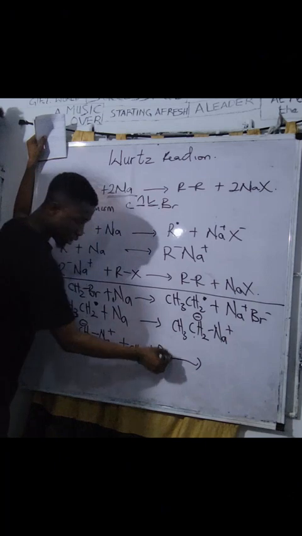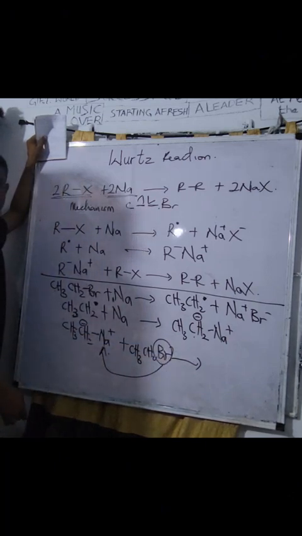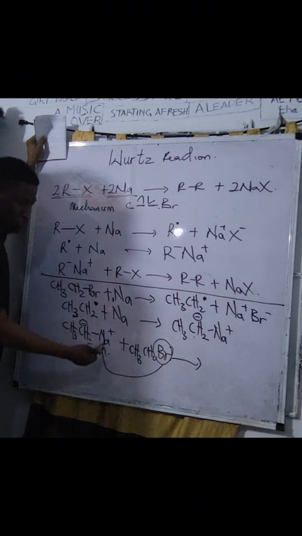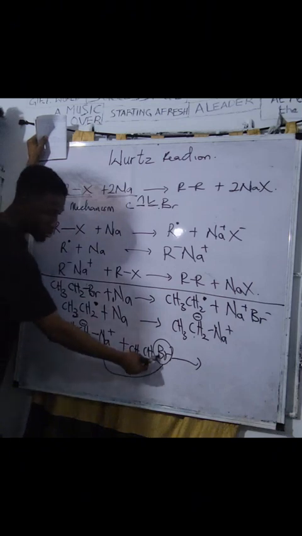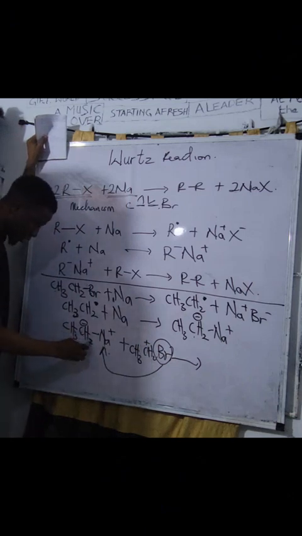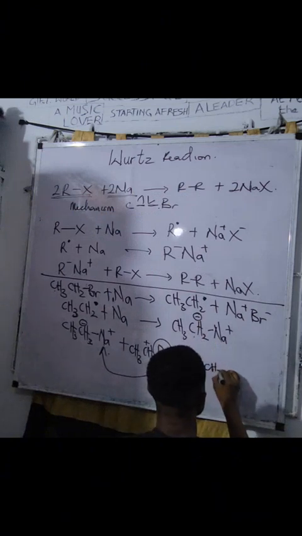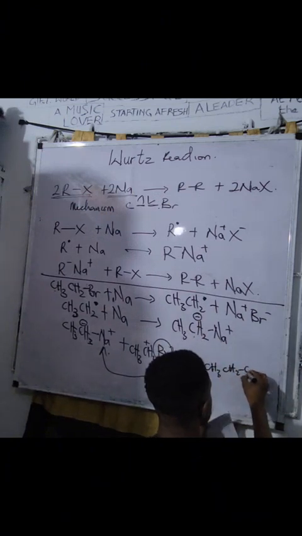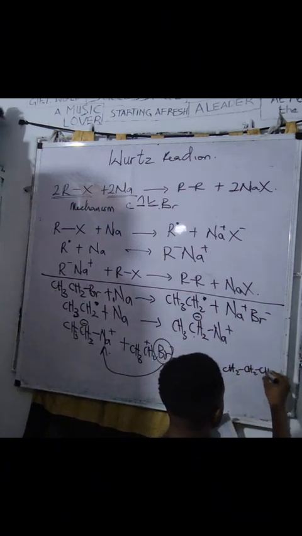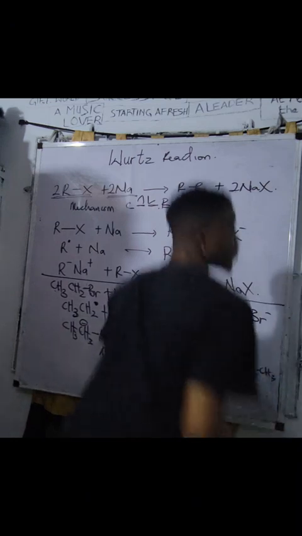So bromine here will be attracted to sodium. And when this bond breaks, this carbon will become positively charged. So since this one is positively charged and this one is negatively charged, they automatically form CH3CH2CH2CH3 plus NaBr.